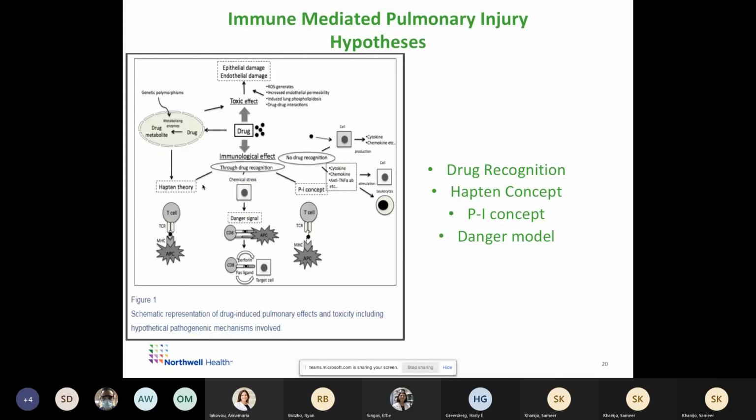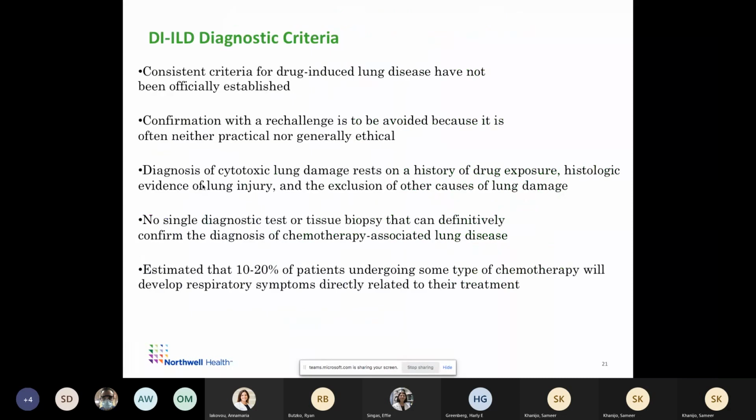Is it the PI concept, which is a pharmacological interaction, or the danger model, which I'll be honest, I don't fully understand other than it causes danger. Again, these are all hypotheses for how these drug-induced lung diseases may start to initiate. But whatever happens, it leads to toxic effects that lead to epithelial and endothelial damage, which is what we see on the clinical end of the spectrum.